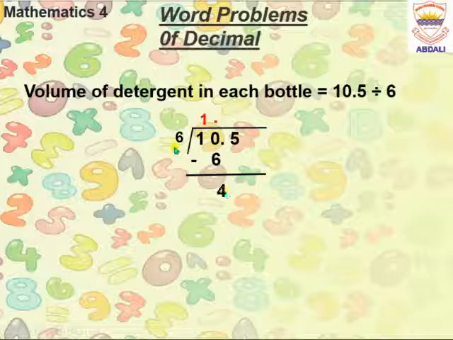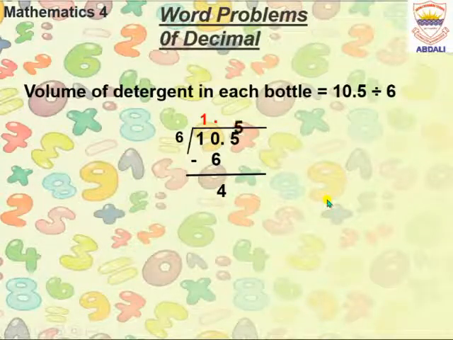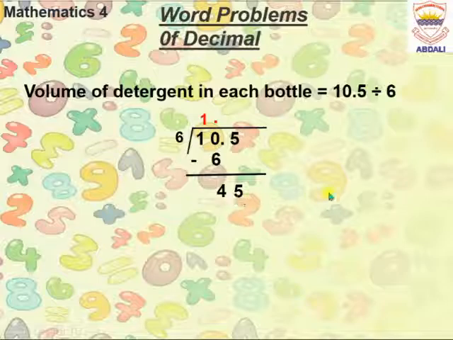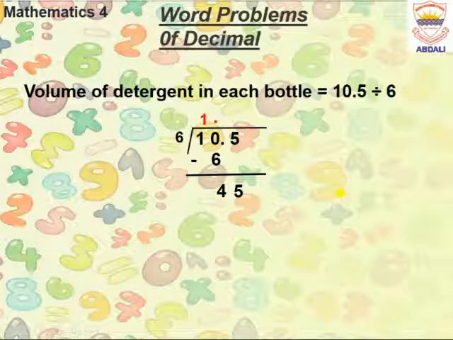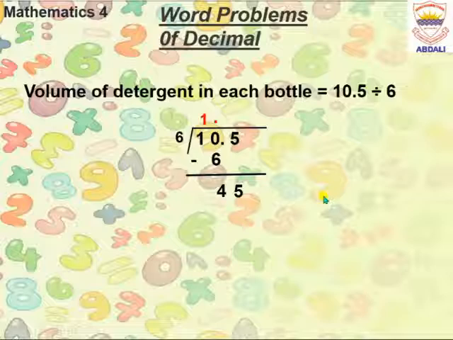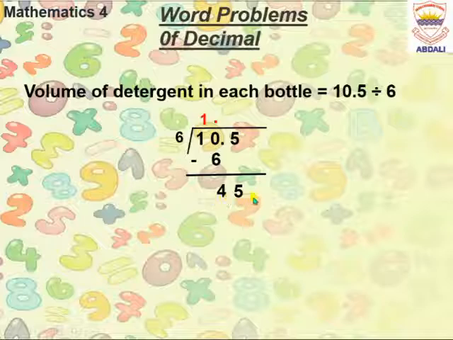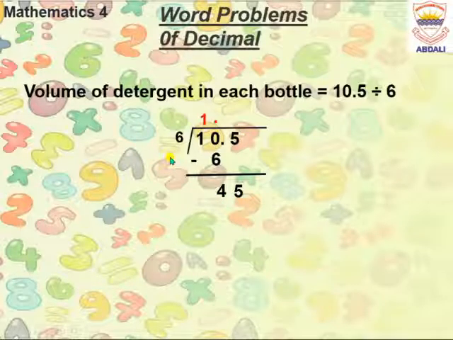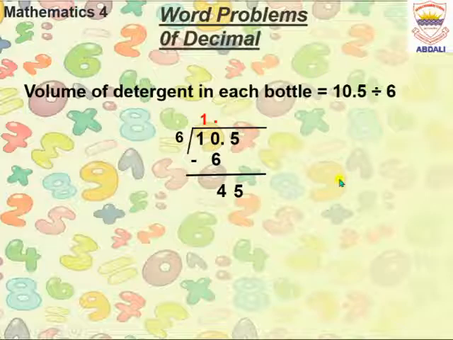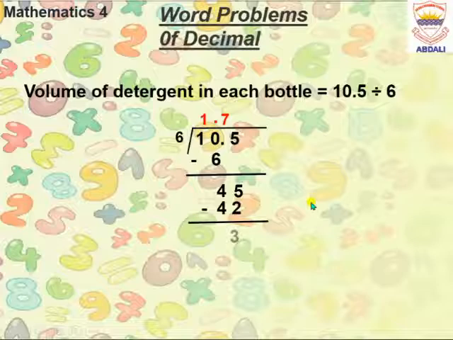As 4 is smaller than 6, that's why we write 5 down to solve the division further. So it becomes 45. Read out the table of 6 and you will get to know that 6 7s are 42 and 6 8s are 48, which is greater than 45. So we will multiply 6 by 7. So 6 7s are 42. 45 minus 42 will give us 3.